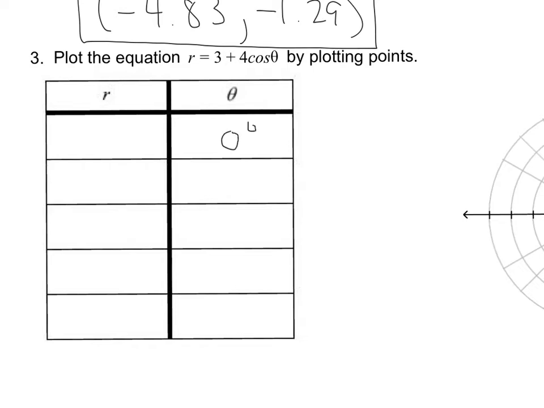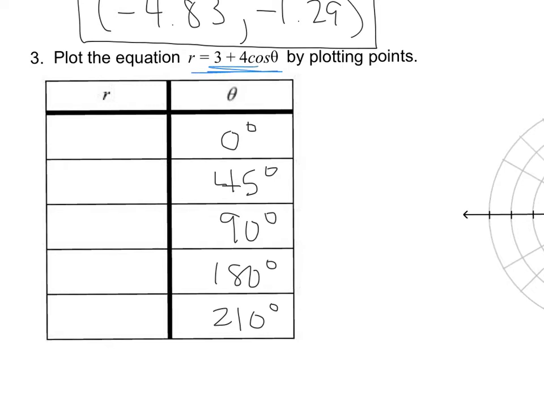So I'll pick 0 degrees, just for fun. I'll pick 45. I'll pick 90. I'm just trying to pick nice angles, 180. Maybe I'll pick, just arbitrarily, let's pick 210. So these are just regular angles that I'm picking. And so what I'll do is I'll plug those in for theta and I'll get some r's.